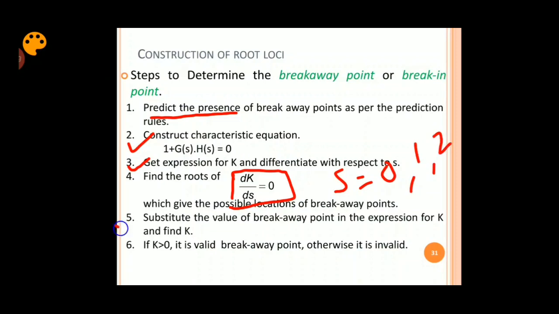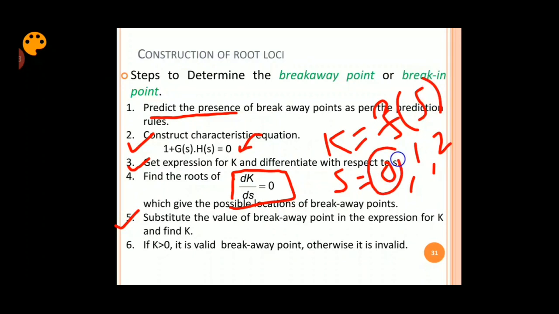Then the next step says substitute the value of the breakaway point in the expression for k. Here you would have got the expression for k equal to some function of s. Now substitute these values of s into this expression.